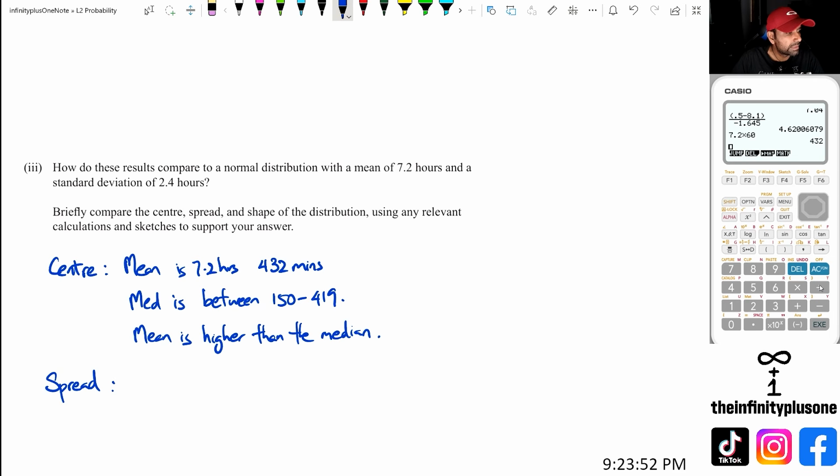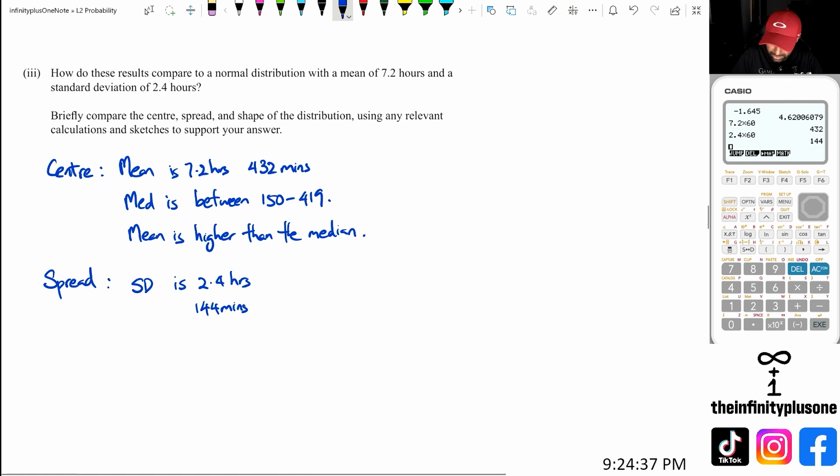When we look at the spread, the standard deviation is 2.4 hours. So if the standard deviation is 2.4 hours, we do 2.4 times 60, which gives me 144 minutes. Now we're going to work out where 99% of the people are at. So we're going to go 7.2 plus or minus 3 times the standard deviation.